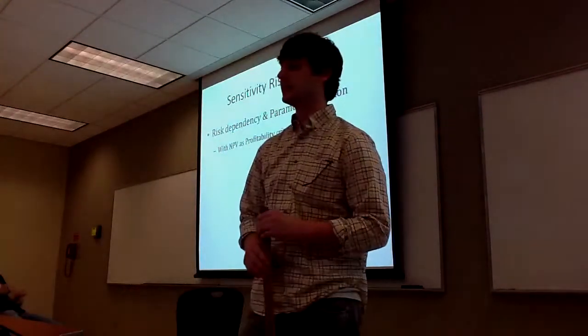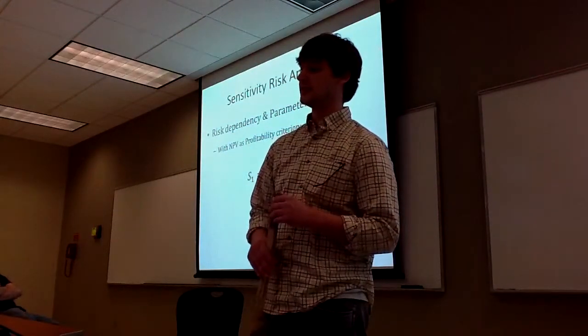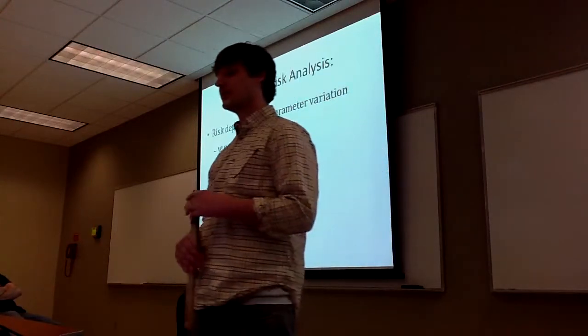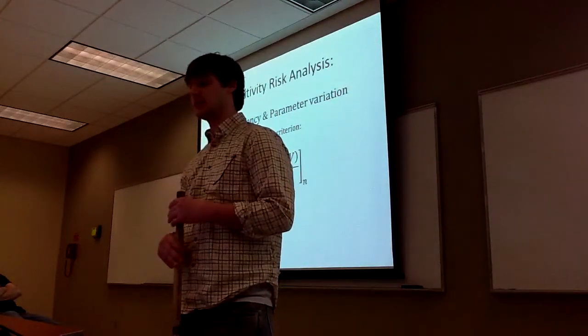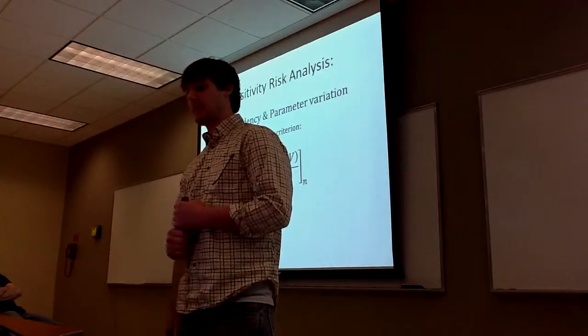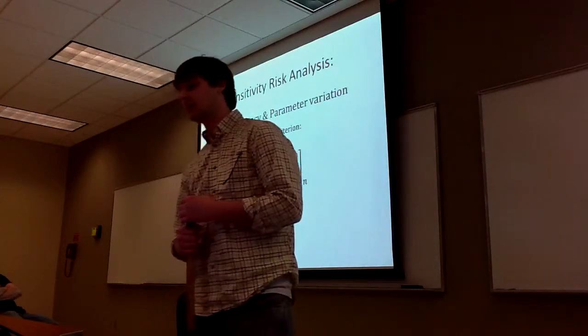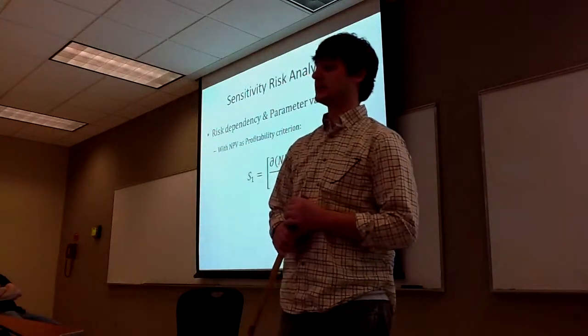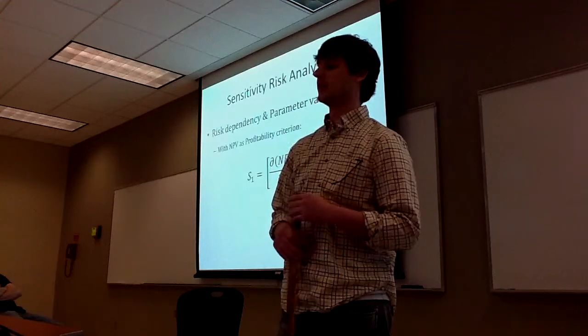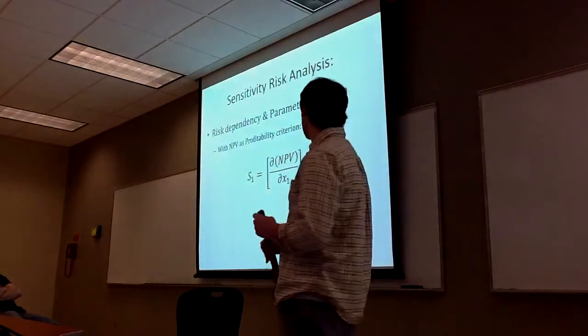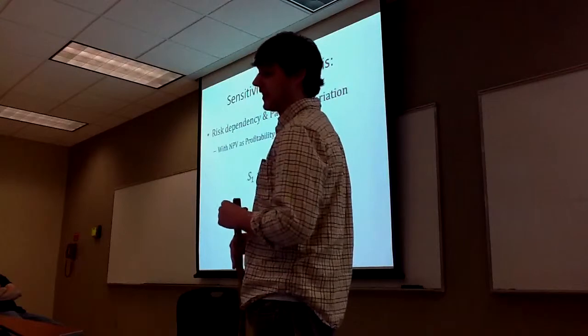Next method is sensitivity risk analysis. This is parameter dependent showing the variation. And basically, the mathematical model breaks it down to taking the partial derivative of your profitability criteria. For instance, in this case, I'm using a net present value.